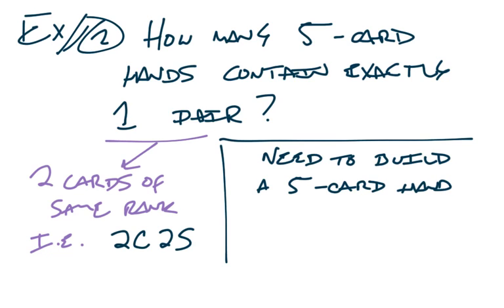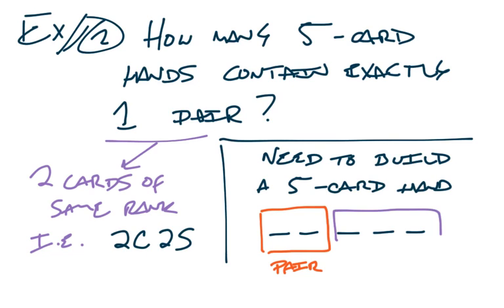Alright, so we're going to have 5 cards that we need to populate, right? And what we're going to do is be systematic about this. I'm going to say that these 2 cards are going to be my pair. And the rest of these 3 cards will just be everything else in my hand.